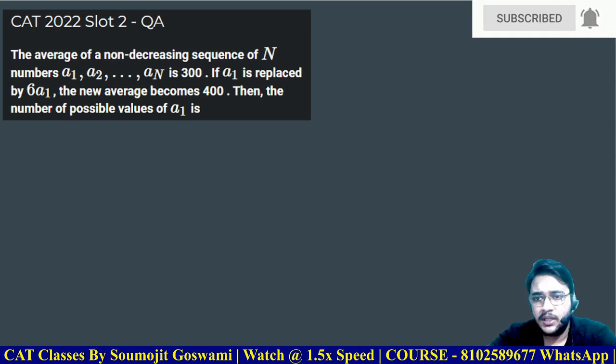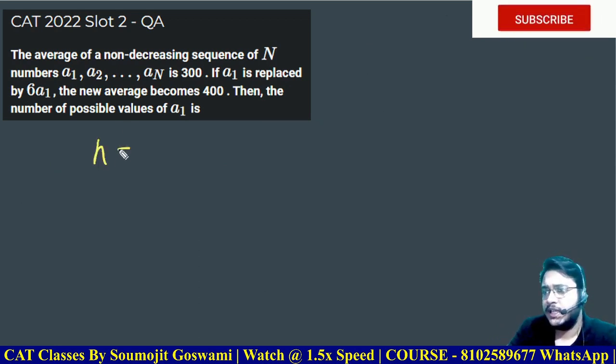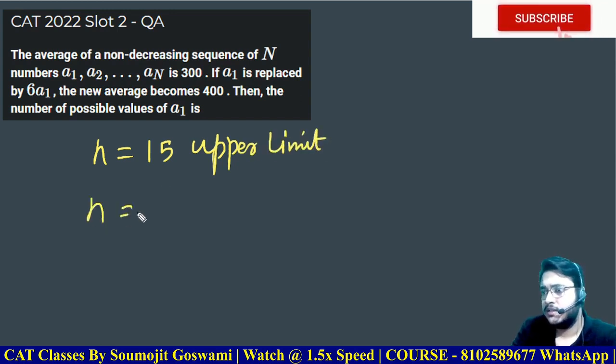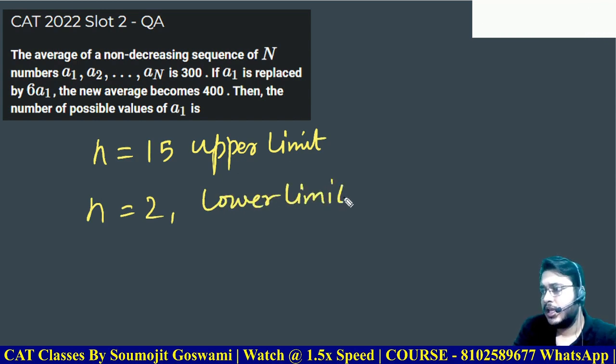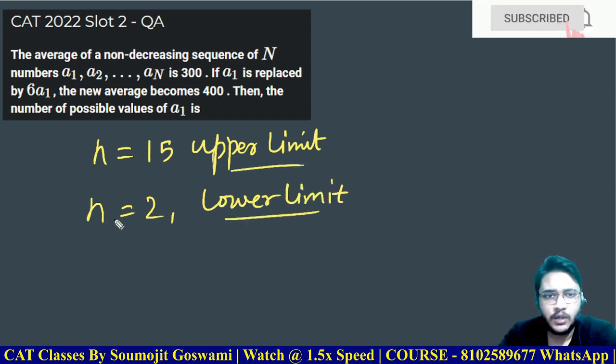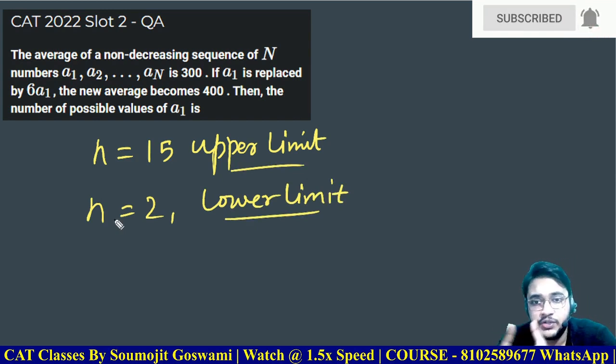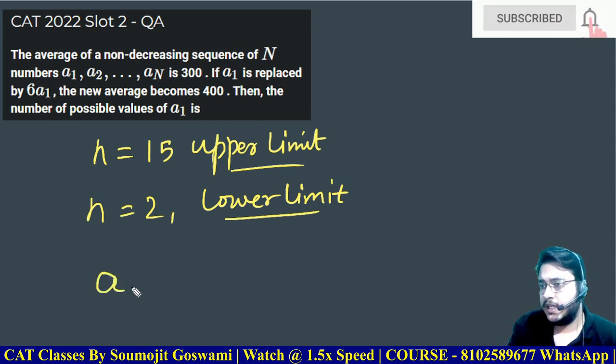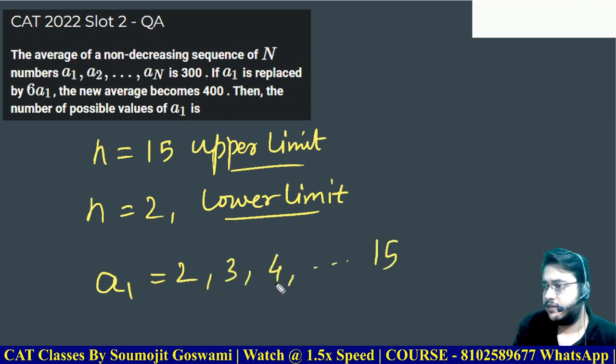So what am I looking at? I'm looking at n equal to 15 as my upper limit for this, and n equal to 2 as my lower limit. And why this business of upper limit, lower limit? Because we're looking at a string of numbers. So basically n can be 2, 3, 4, all the way till 15.